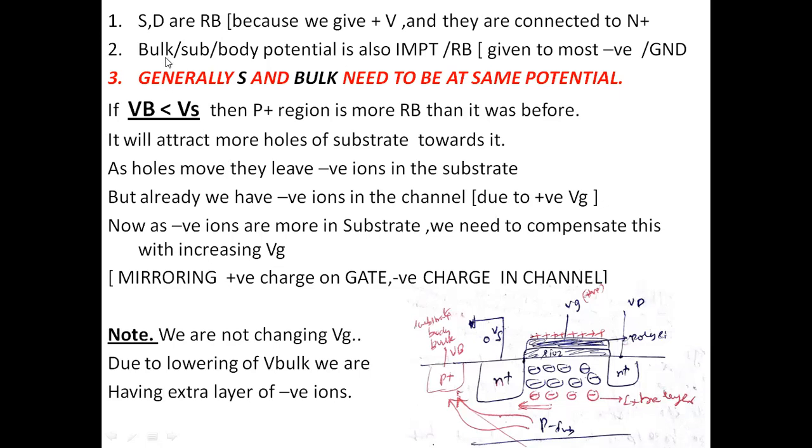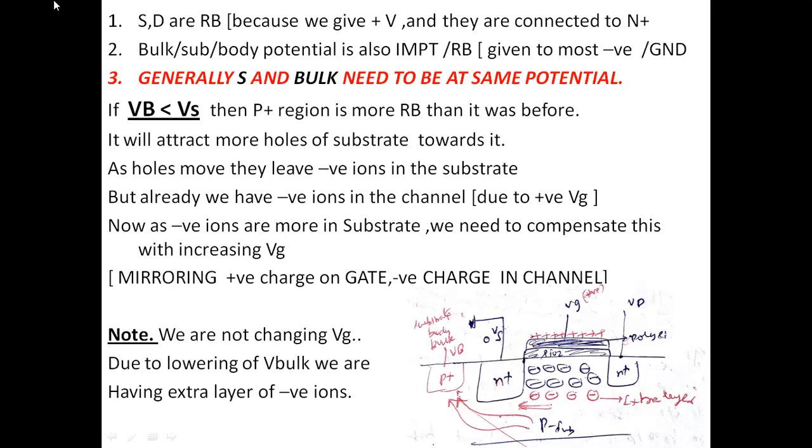The second point is that the bulk terminal or the substrate or the body potential is also important, and this is in the reverse bias condition, because the bulk is given the most negative potential, that is the ground terminal.